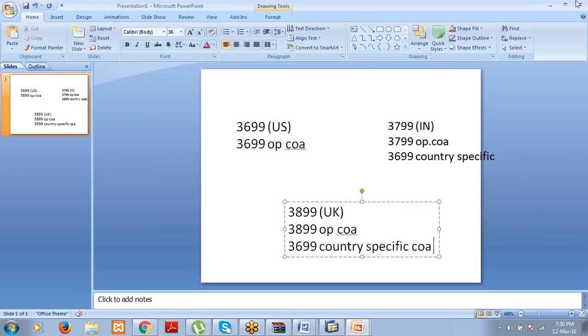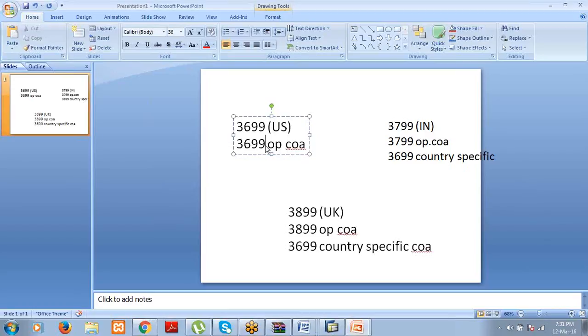Now here, one more doubt you may get. See here, again I am repeating, what is the meaning of the country specific chart of accounts? Our company code is in the US. In order to meet the US Companies Act requirements, we are maintaining one chart of accounts 3699, the operational chart of accounts.